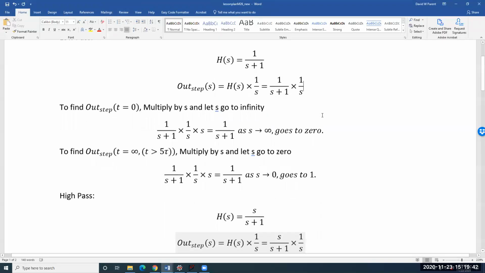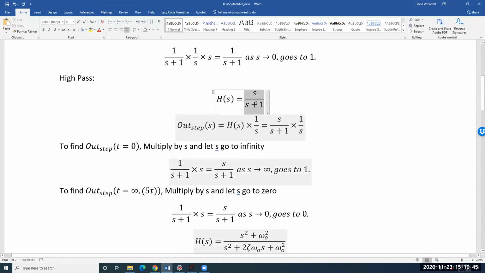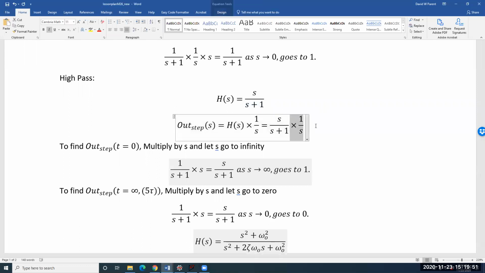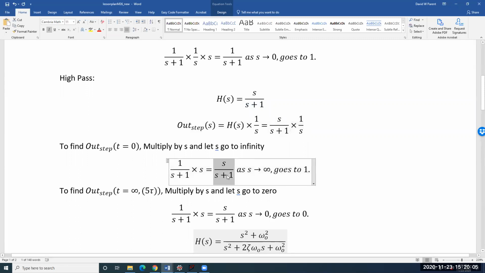So let's just look at the high pass. S divided by S plus 1, right? We take the step response. Of course, I know that we're going to multiply by S again. So really, the S times 1 over S is going to cancel, and we're right back with our original transfer function. So let's let S go to infinity. Well, that expression goes to 1.